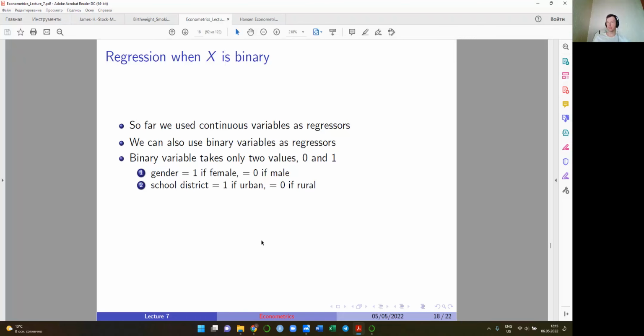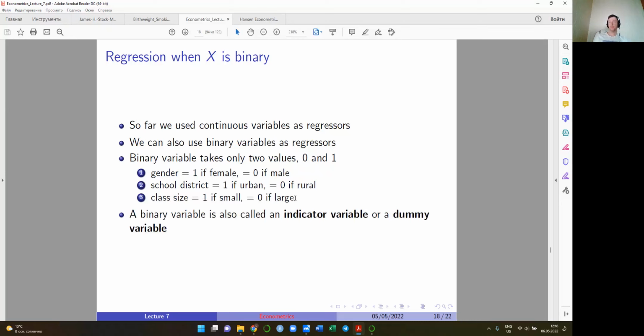You remember we did an empirical exercise in statistics when we tried to compare the rural and urban districts in Irkutsk Oblast, and then we compared some numerical characteristics. I don't remember exactly what that was, but this is another way we can use a binary variable. Or, for example, in our case of class sizes, we can mark small classes with 1 and large classes with 0, something like this.